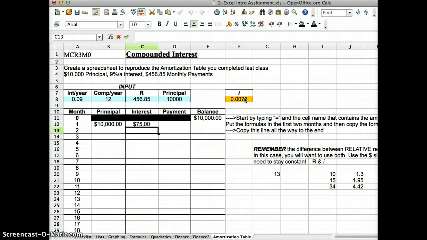But if I leave it like this, when I drag it down, that F8 is going to change. So I'm going to go in and put $ sign and $ sign so that it's always calling for F8 for multiplying the interest rate. My payment is equal to this one, and it's going to stay constant there too.